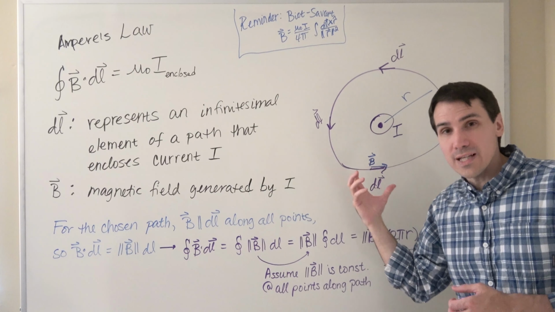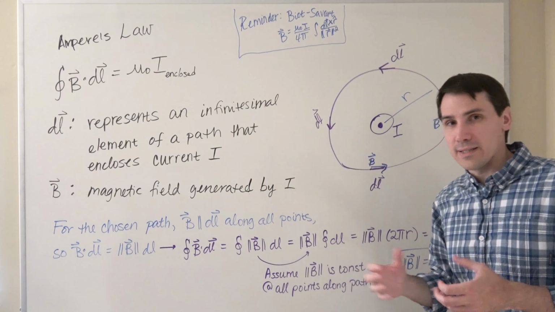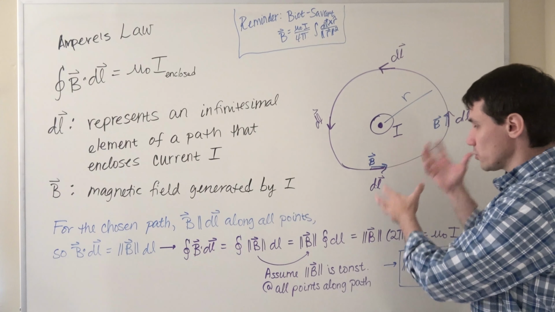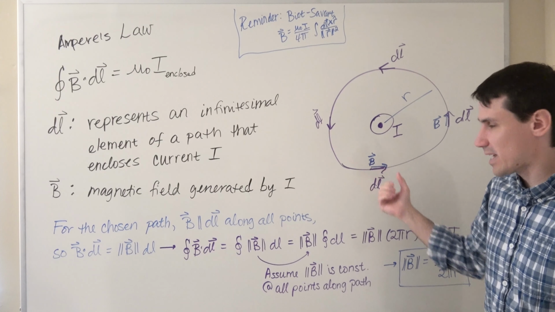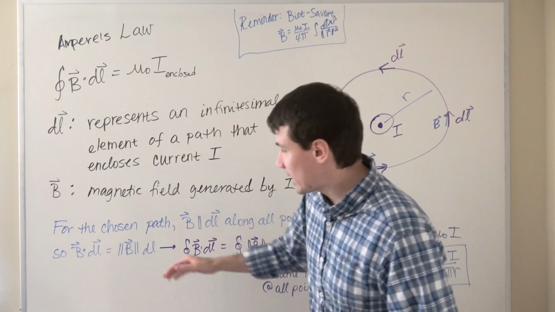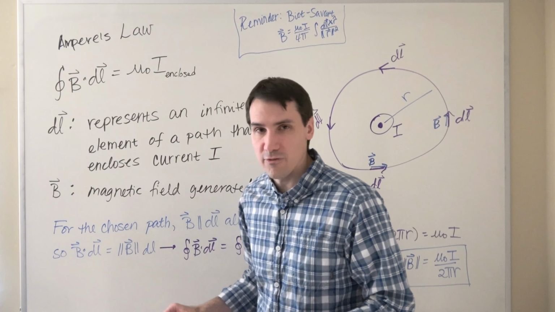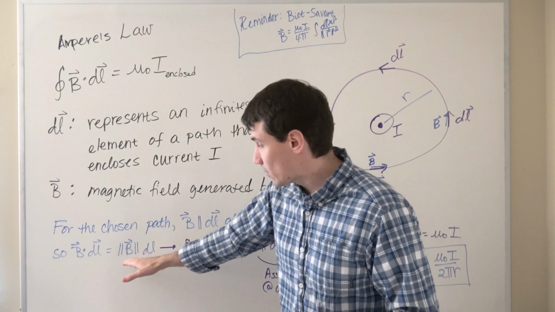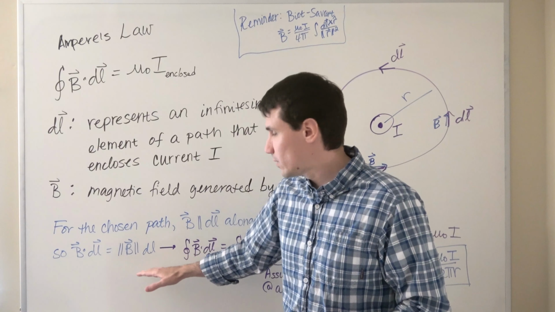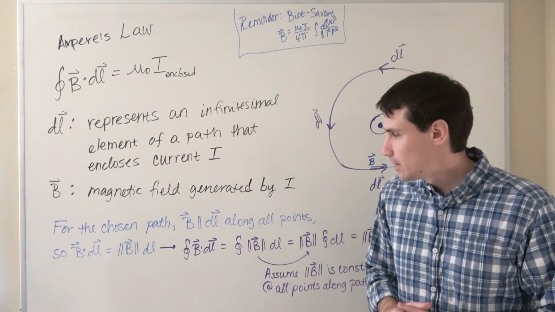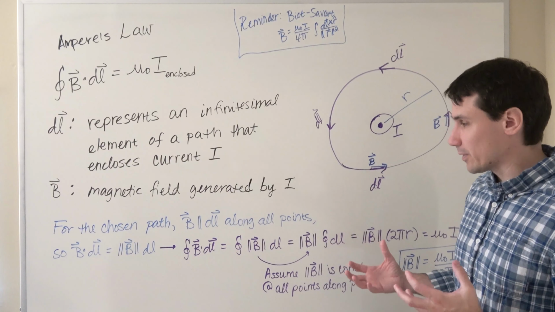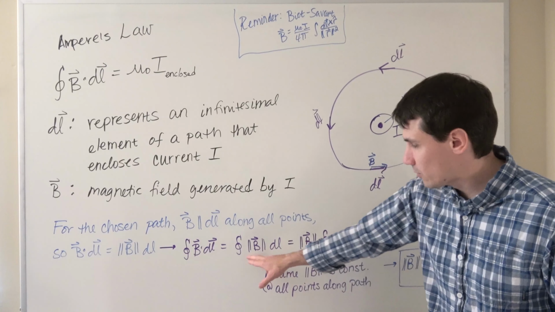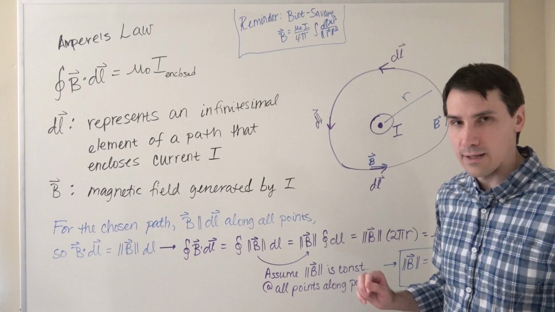So by using that knowledge that we already knew how the magnetic field would look, we were able to choose a path that completely matched our magnetic field, in the hopes of getting our dot product of B dot dl to simply turn into a product of the magnitudes. Now, this makes our integral a lot simpler. Our integral goes from an integral of B dot dl to an integral of the magnitude of B times dl.